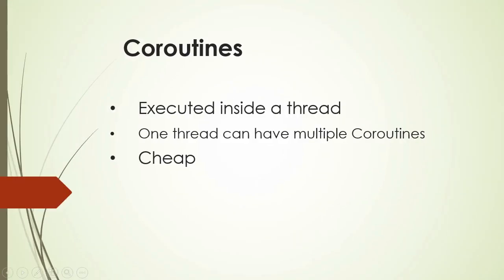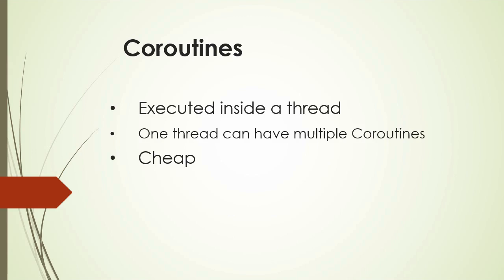Threads are a little bigger, and every mobile has limited memory. It can't keep getting more and more threads and creating threads here. So one thread can have multiple coroutines, and for that we use coroutines here, and it is a little cheap. If one thread can use multiple coroutines, another thread can also use them.